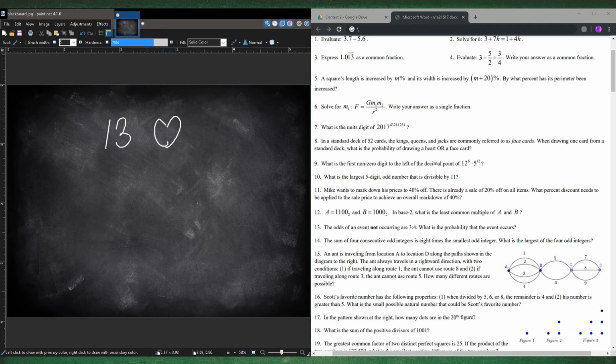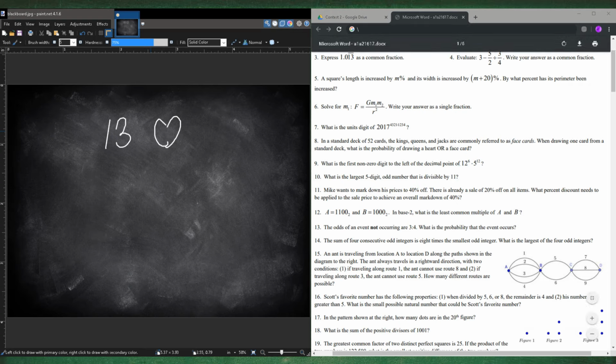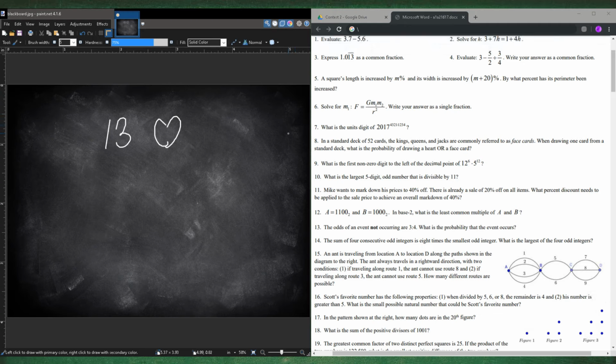I can't really draw a heart that well. Okay, 13 hearts, right? Or a face card. Face cards, they said in the beginning, are kings, queens, and jacks. There is a king, a queen, and a jack in each of hearts, diamonds, spades, and clubs. So that's 4 times 3, which makes 12.